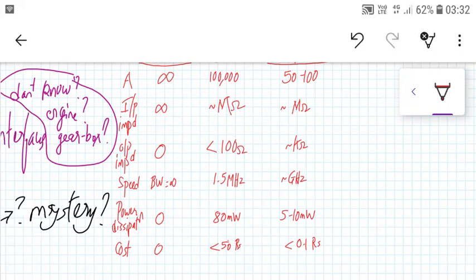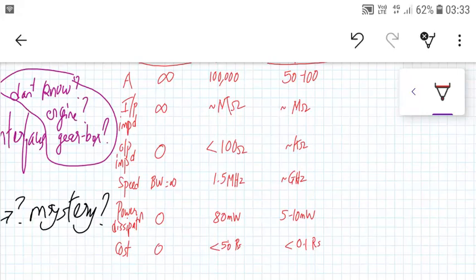So for ideal op-amp the bandwidth is infinite, and for 741 it's around 1.5 megahertz, and for modern integrated op-amp it is around several gigahertz. Power dissipation in ideal op-amp is 0. For 741 it's around 80 milliwatt, and for modern integrated op-amp it's around 5 to 10 milliwatt.